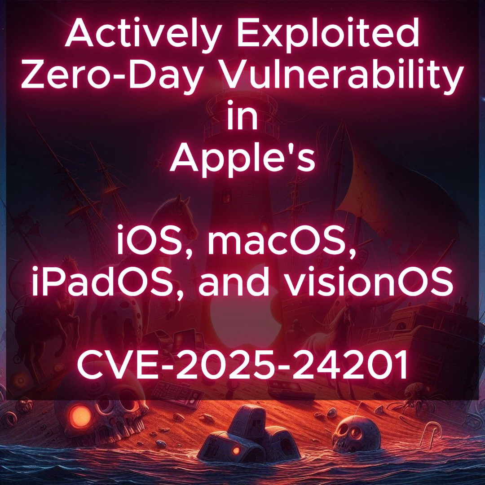So the big takeaway for our listeners today is that even in a so-called walled garden like Apple's ecosystem, zero-day vulnerabilities are a very real and present danger. Especially when a critical component like WebKit is involved. And this is the second time in recent months that we've seen this play out.